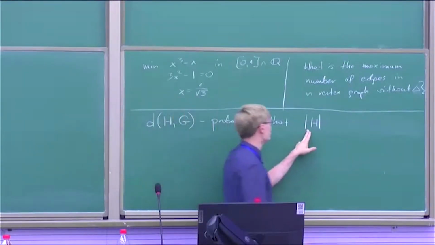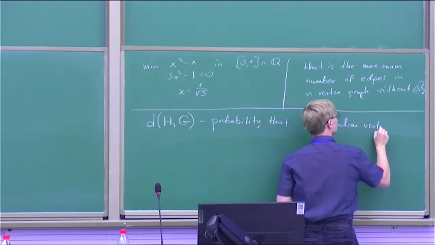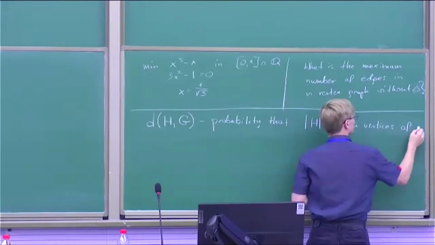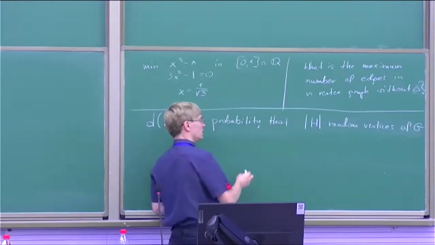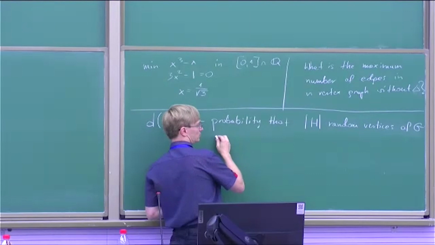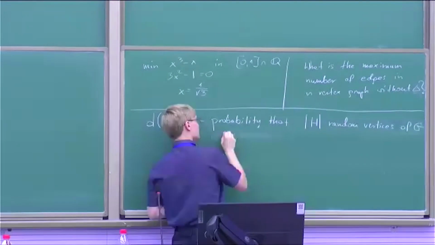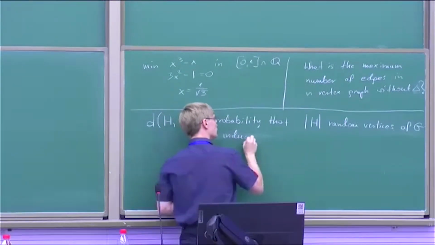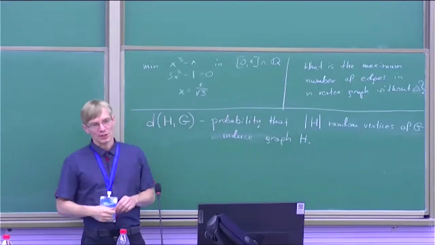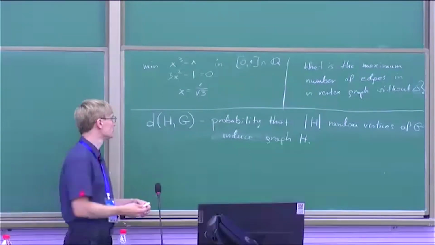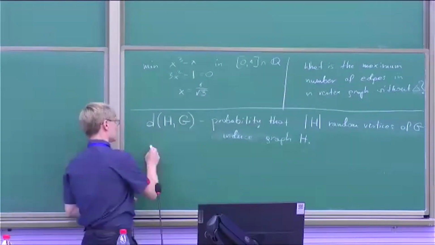So I choose this number of vertices at random from graph G, and I look at the probability that they create my induced H. So I pick vertices at random and look at the probability that they will really induce the graph that I want. So let's do some examples.